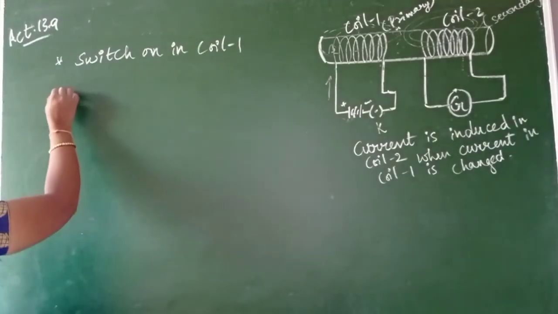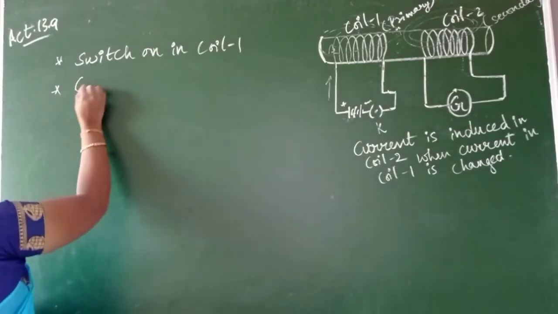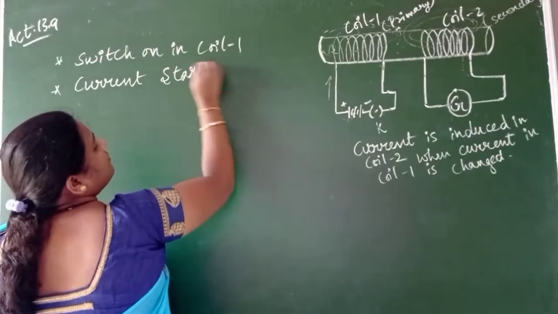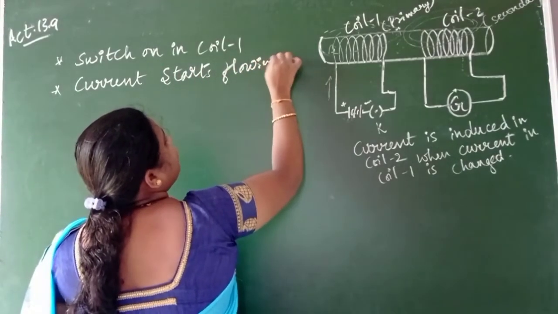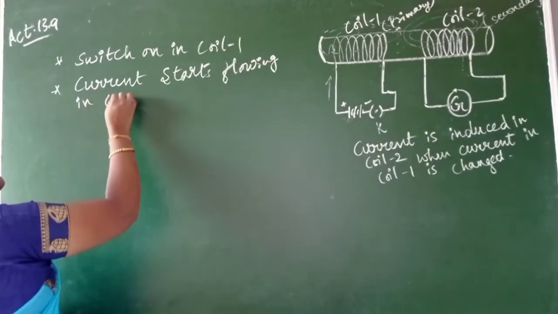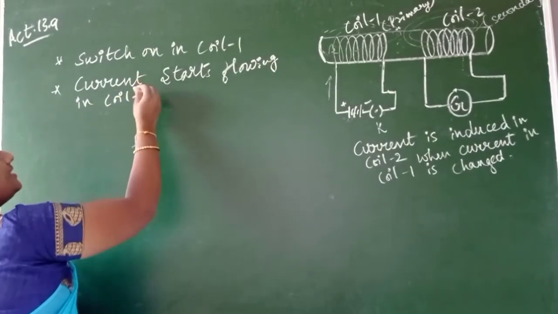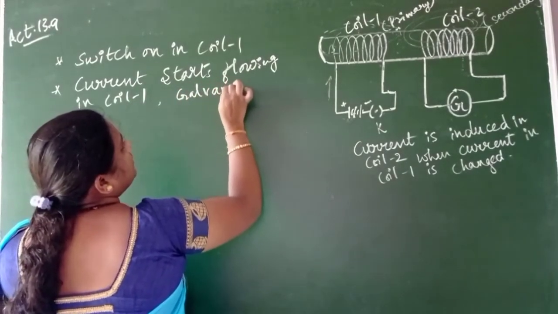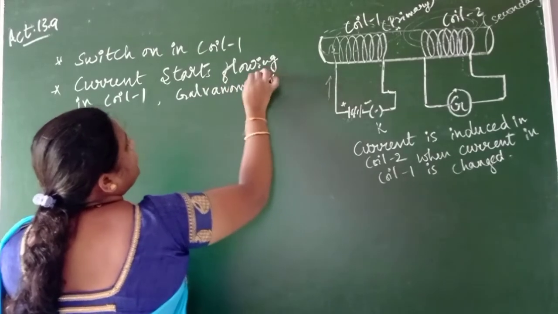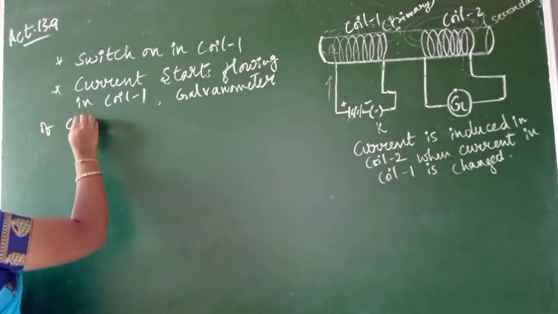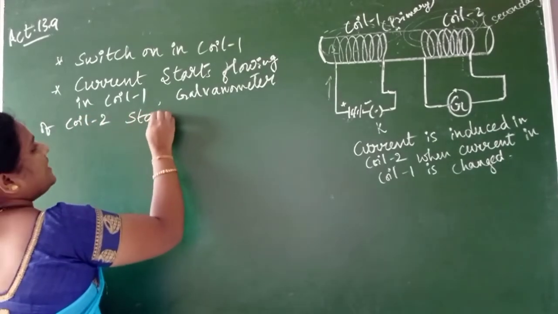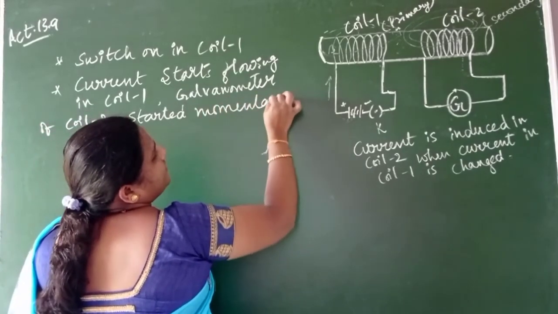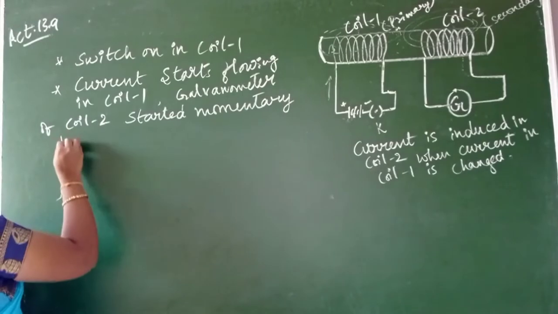Okay, we will take that when current starts flowing in coil 1, the galvanometer of coil 2 shows a momentary deflection. Understood, children?